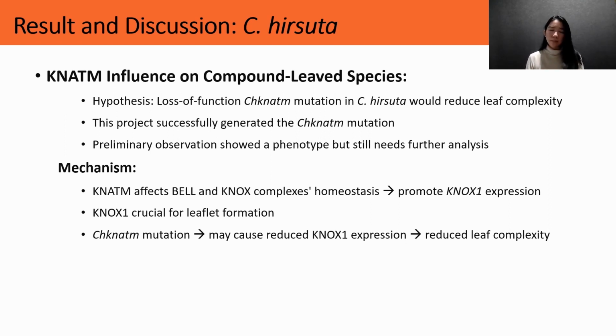The possible mechanism behind this is that NATM is known to affect BAL and NOX complexes homeostasis, and this results in the promotion of NOX1 expression. And NOX1 is crucial for leaflet formation. So when CH-NATM is mutated, it could lead to reduction of NOX1 expression and cause reduced leaf complexity.